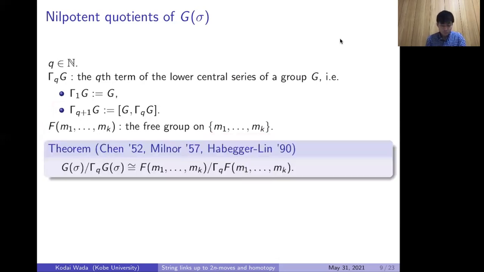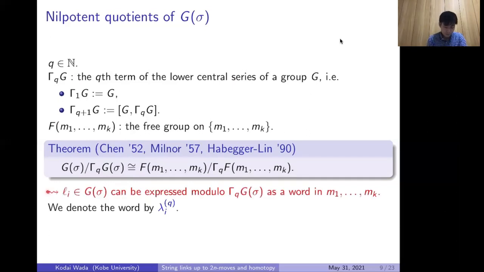It is known that the q-th nilpotent quotient of the group of the string link sigma is isomorphic to the q-th nilpotent quotient of the free group F. Therefore, by this theorem, each longitude l_i can be expressed modulo gamma q z of sigma as a word in the k meridians of sigma, m1 through mk.